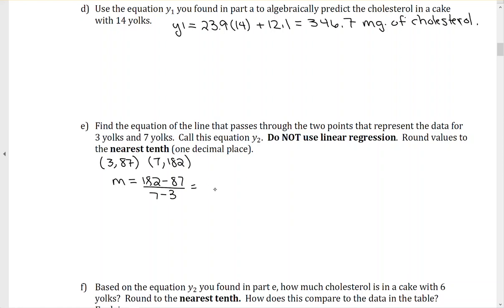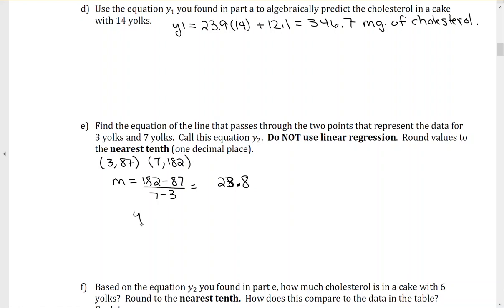When you do all of that, we come up with the number 23.8, which is our slope. So subtract 182 minus 87, divide that by 4, you should come up with 23.8. They want me to round the values to the nearest tenth, so I can't go beyond that 1 decimal place.